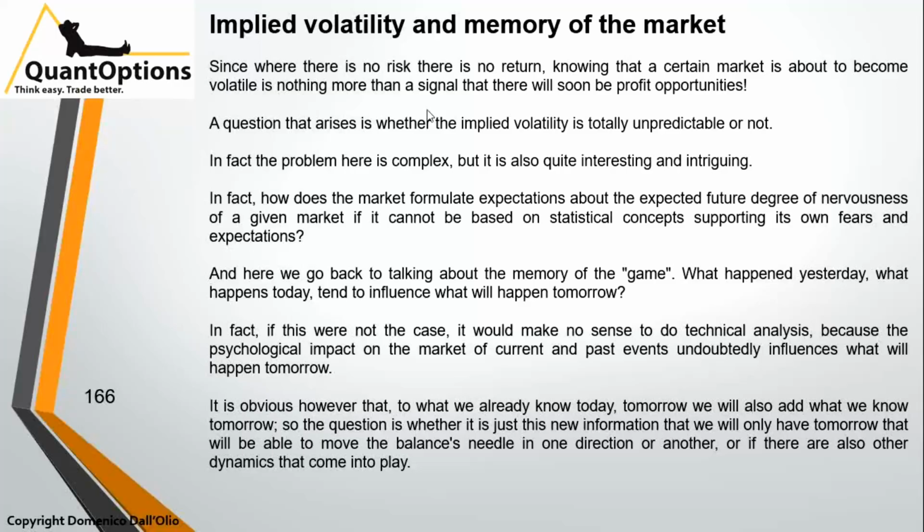It is obvious, however, that to what we already know today, tomorrow we will also add what we know tomorrow. So the question is whether it is just this new information that we will only have tomorrow that will be able to move the balance needle in one direction or another, or if there are also other dynamics that come into play.